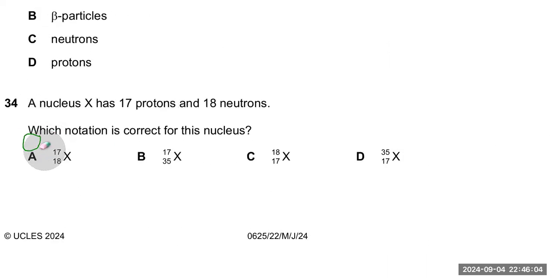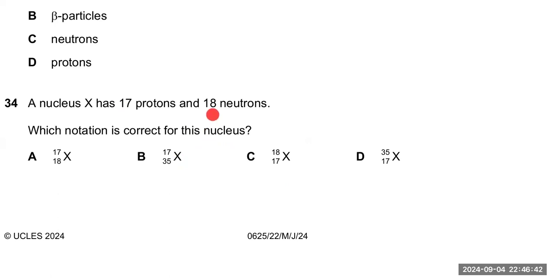Now the next question, 34, is that a nucleus has 17 protons and 18 neutrons. What is the notation? Remember, X and Y are mostly used as general element symbols. Proton number is always shown on the lower side, and here 18 is the neutron number. But when you show the notation of any element, we use atomic number and mass number.